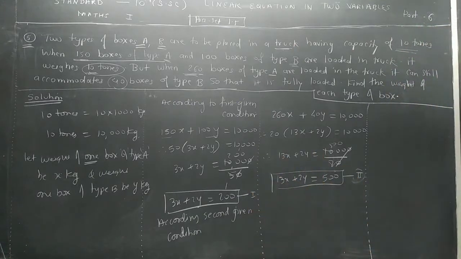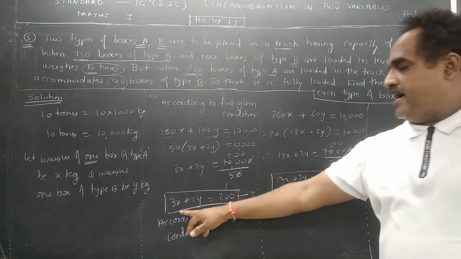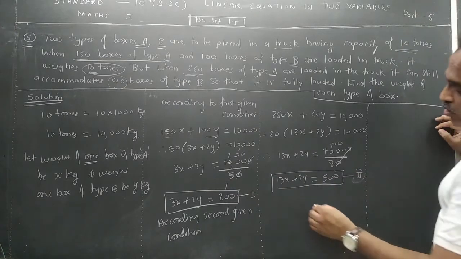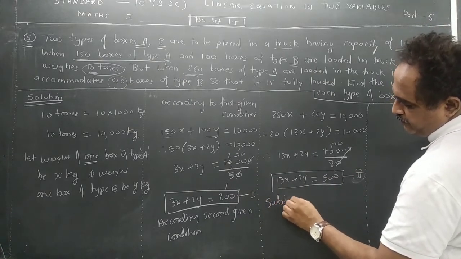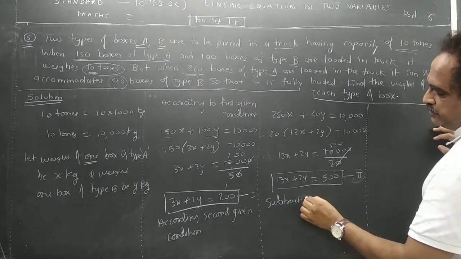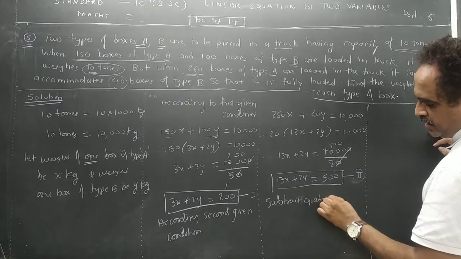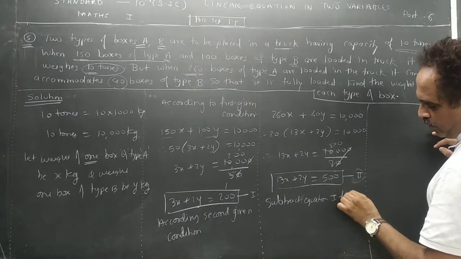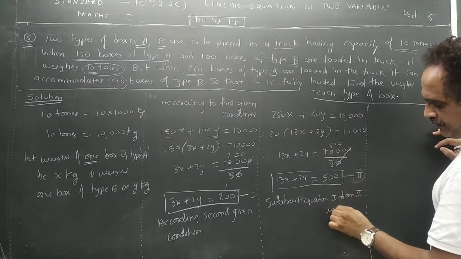Okay. So 2y, they are having the same sign. So what am I going to do? Subtract. See, I am subtracting this from this. Subtract equation 1 from 2. We get.